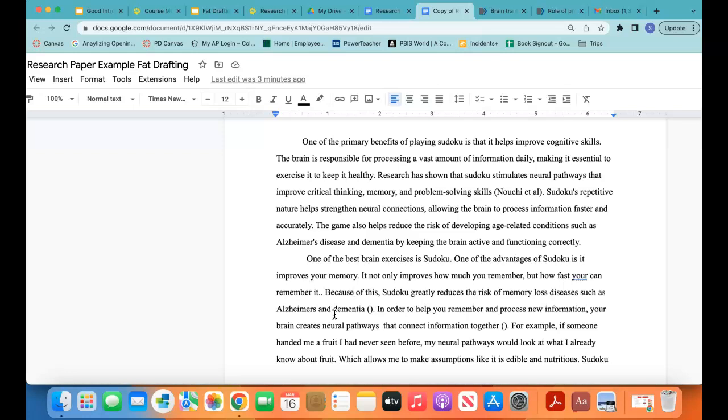Okay, so Sudoku's repetitive nature helps strengthen neural connections, allowing the brain to process information faster and more accurately, which I like that sentence after this sentence because it shows why it stimulates the neural pathways. So, maybe instead of saying the game also helps reduce the risk of developing age-related conditions.